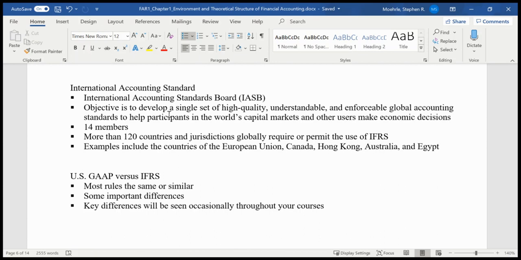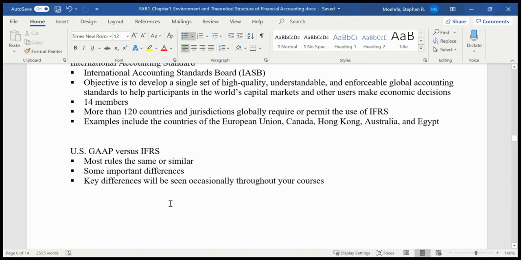So how do we compare US GAAP and IFRS? US accounting rules and international financial accounting rules, most rules are the same or very similar. There are some important differences, though. Key differences will be seen occasionally throughout your courses.